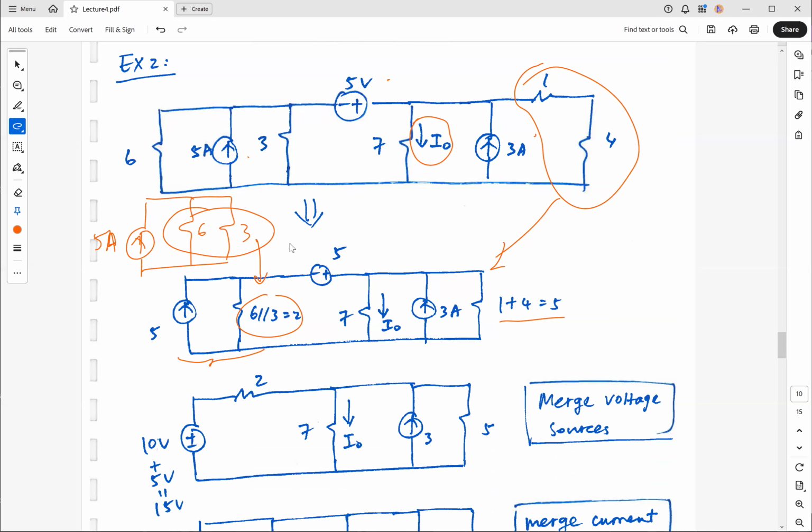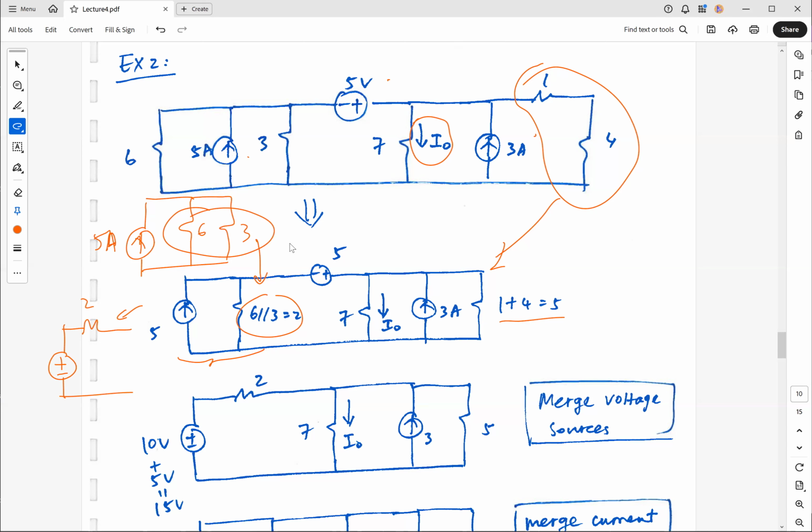I have a parallel combination of a resistor and a current source, so I know I can transform it into something like this. But remember, the derivation says Rx and Ry have to be the same. So this resistor here remains 2 ohm.